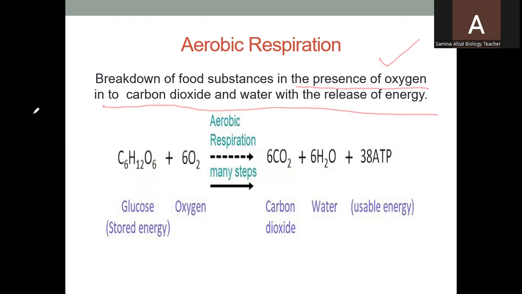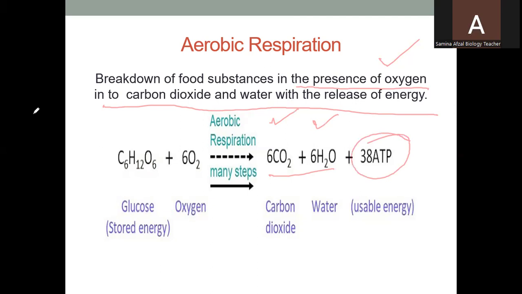The main steps are glycolysis, the link reaction, Krebs cycle, and oxidative phosphorylation. These are the four steps involved in the formation of this carbon dioxide and water molecule. As a result of these reactions, many steps or sub-steps, 38 molecules of ATP are obtained.